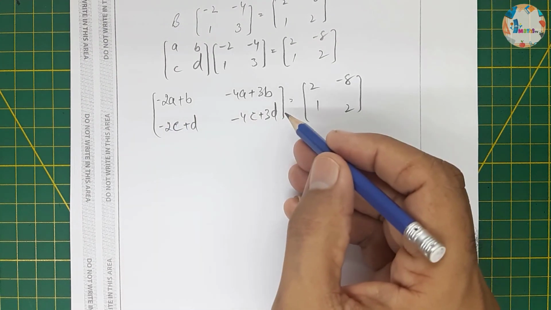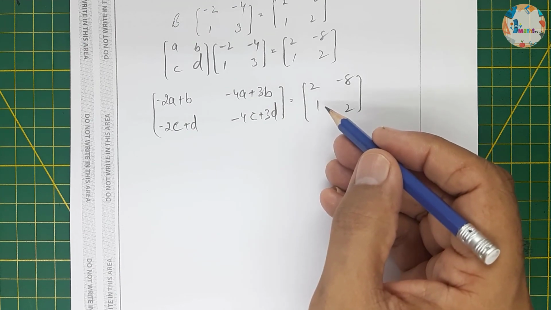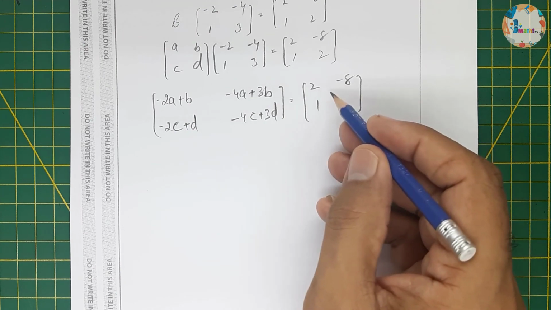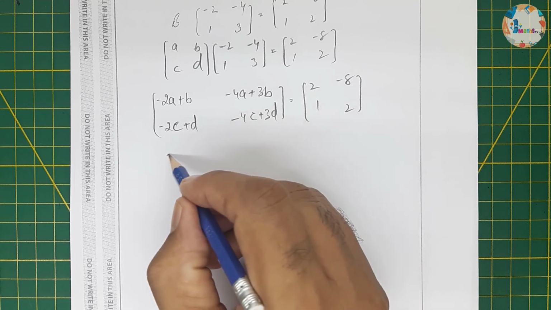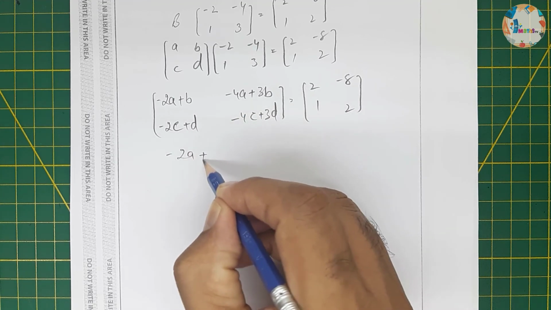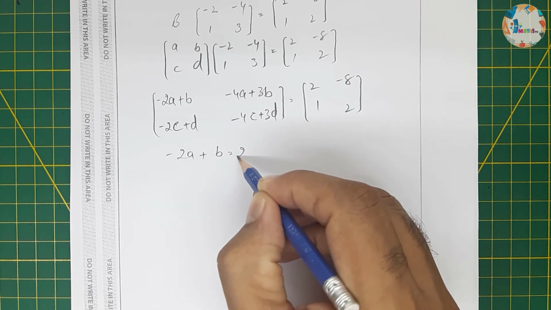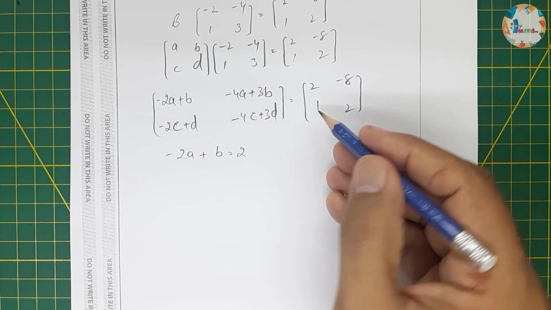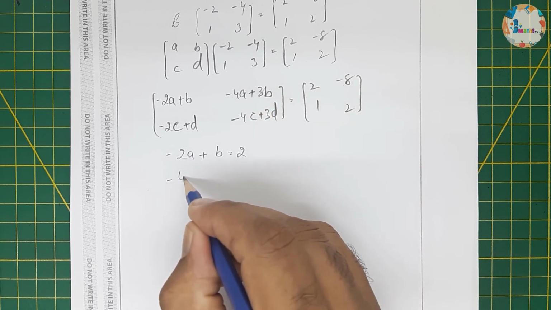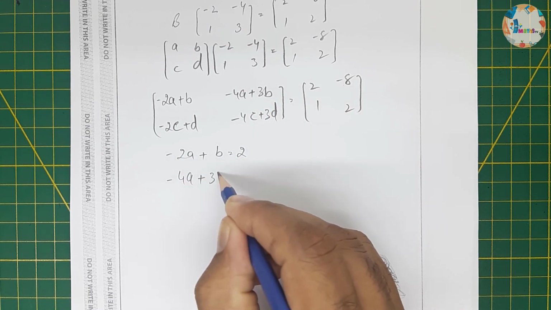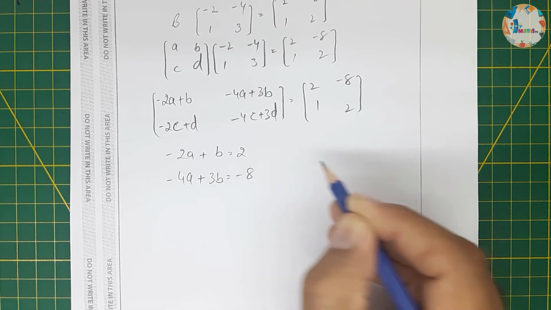So minus 2a plus b is equal to 2. This is equation 1, and equation 2 we can write here: minus 4a plus 3b is equal to minus 8.